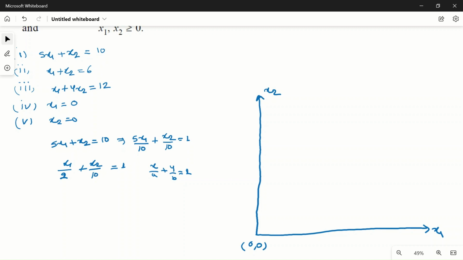So the x-axis intercept is 2, so it will be 2 0. We will mark the various divisions: 3, 4, 5, 6, 7, 8, 9, 10, 11, 12. If we need more values, then we will extend it.